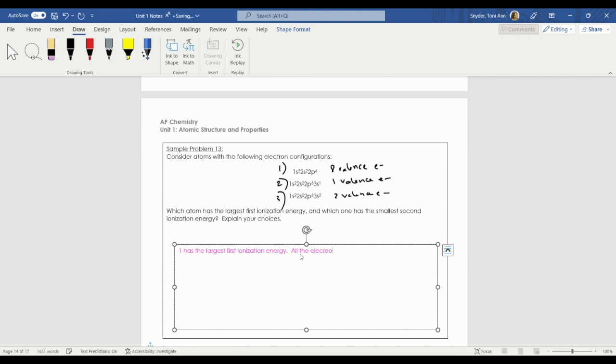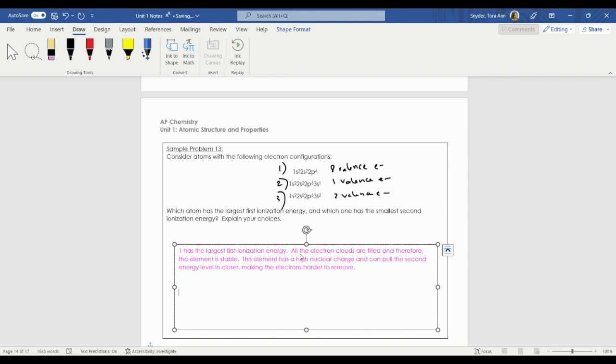All the electron clouds are filled, and therefore the element is stable. We can also say this element has a high nuclear charge and can pull the second energy level in closer, making the electrons harder to remove.